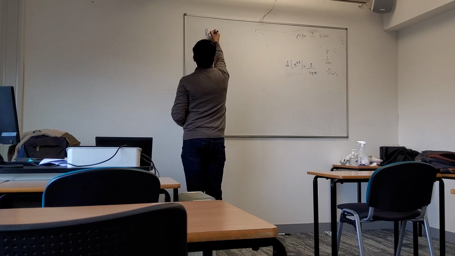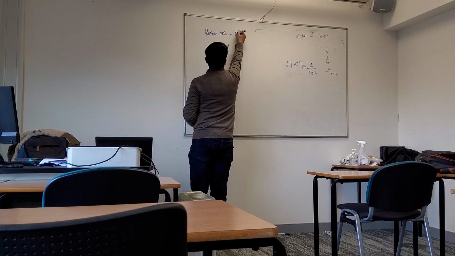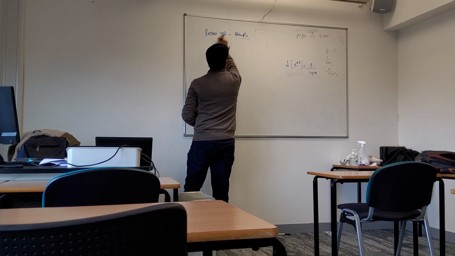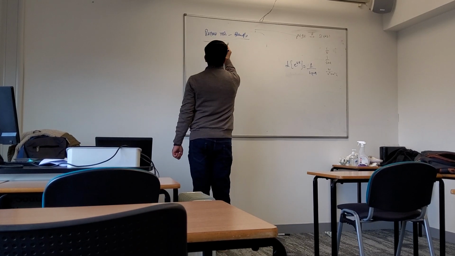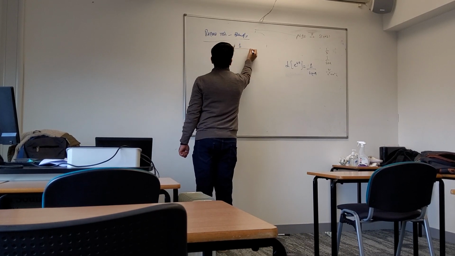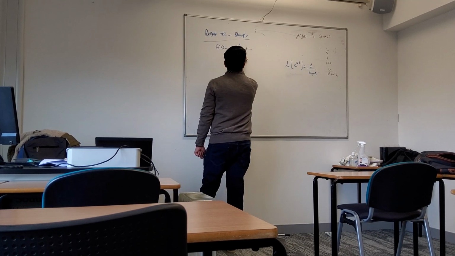Okay, so now we have repeated roots. F of s equals 1 divided by s plus 1 whole square.